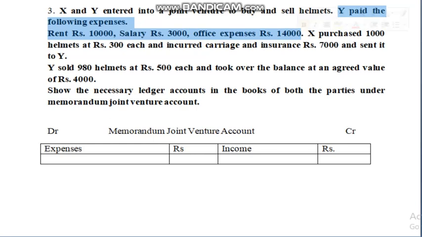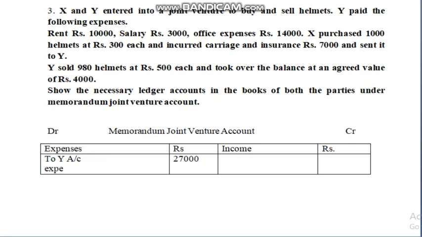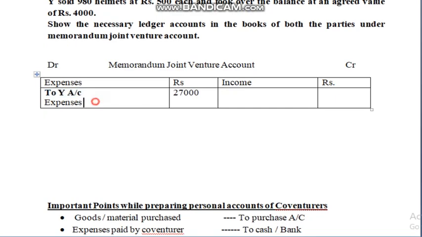So the total expenses will be 27,000, and these expenses were paid by Mr. Y. So on the expenditure side, to Y account: 10,000 plus 3,000 plus office expenses 14,000, total 27,000, and these expenses were paid by Mr. Y. So the first transaction is over.